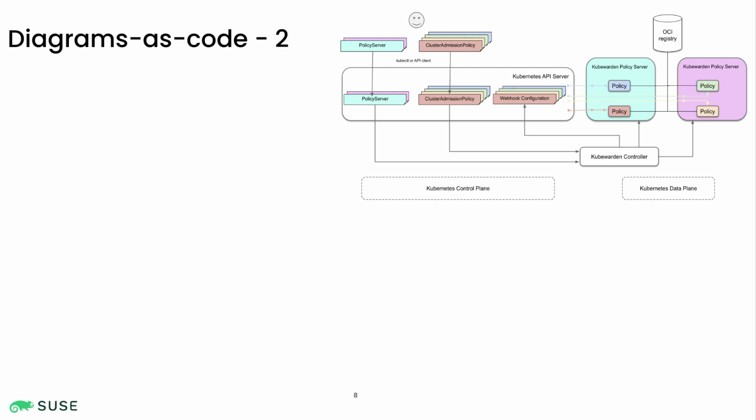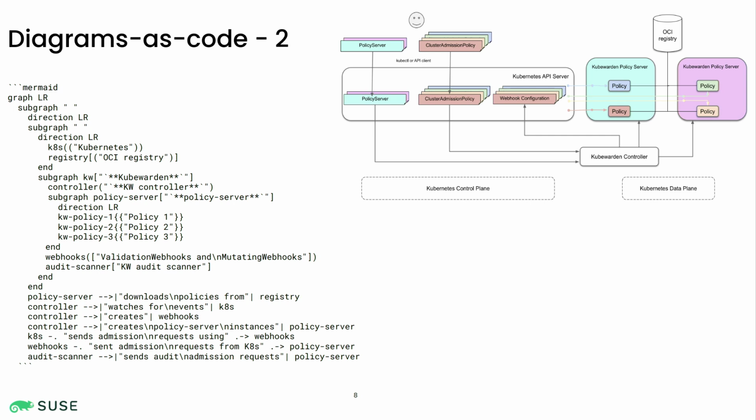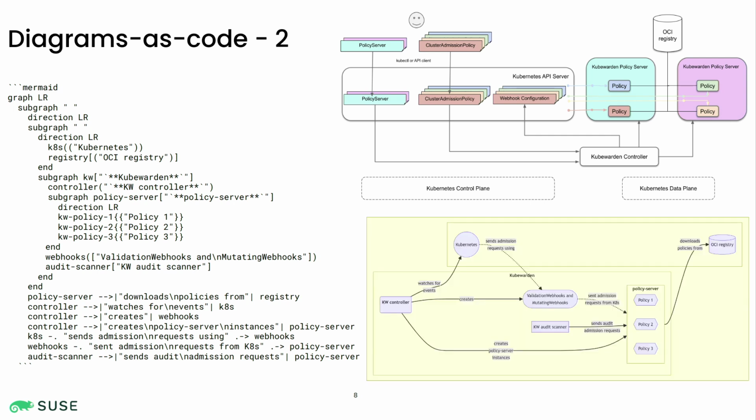It became clear that it was no longer actually describing the architecture, and there were all sorts of things that were concerning, like Kubernetes control plane and Kubernetes data plane. Why were they in there? Were they relevant to the architectural description of Kubewarden? And this is the Mermaid code that describes this diagram, down the bottom, which is what's come to replace it.